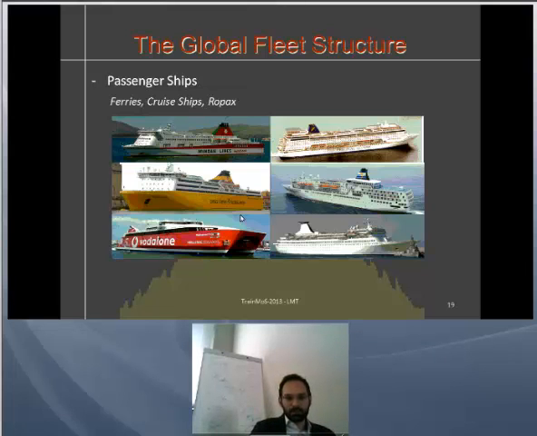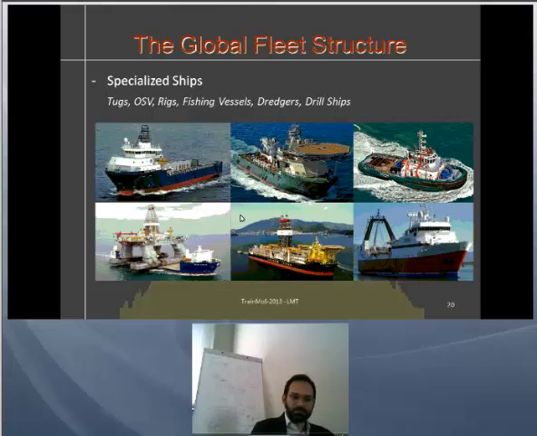So, and what we discussed before, the specialized ships, you can see some offshore supply vessels and some smaller tugs, and you can also see a heavy lift vessel carrying a rig.